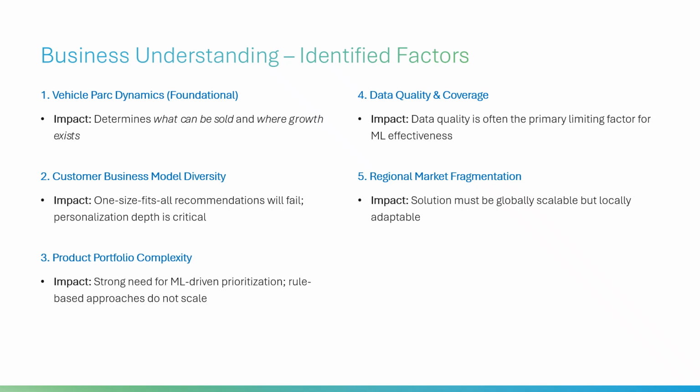We might need to create different versions in different geographies, and apply potentially some customer segmentation because there are different models that the customers are working with. The third major one is product portfolio complexity. Some others, small but still important, are data quality and regional market fragmentation that we have to deal with.